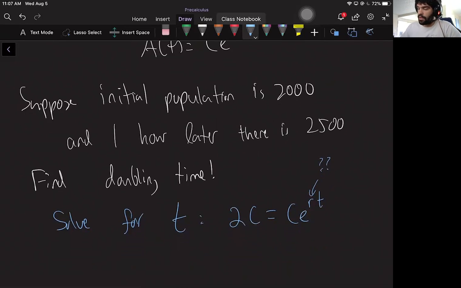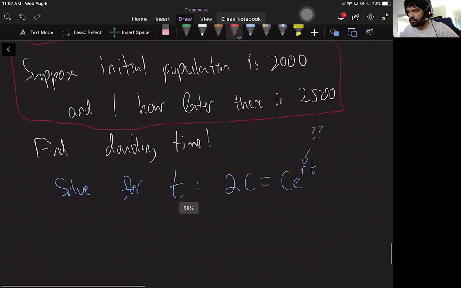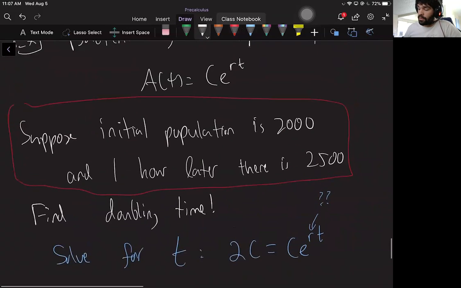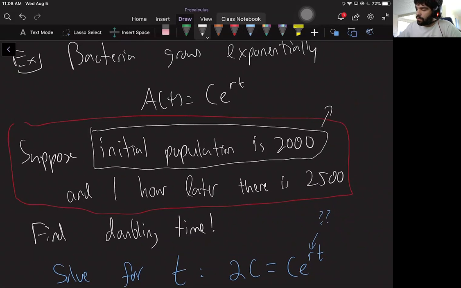So now we have to use this information to find r. We're not just given r immediately. This information is a little bit different than other ways we've solved for r. What we're going to do is know that this means that c is 2,000. c is the initial amount.